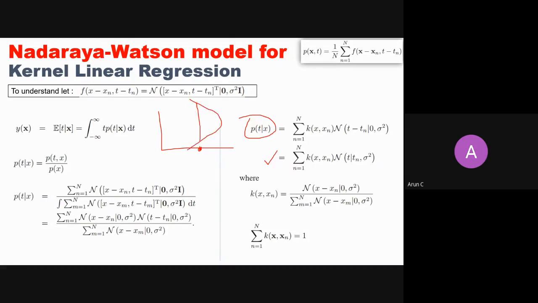It is a kind of distribution, a normal distribution, because I have multiplied and weighted it with this one. The weight will be decided by this kernel.